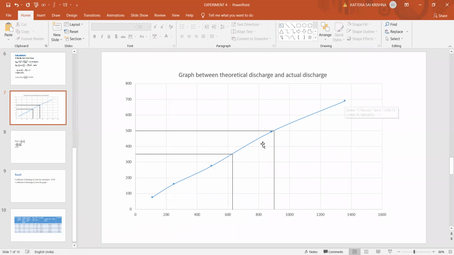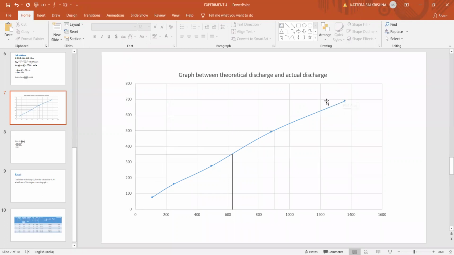After marking all the 5 points on your graph, we need to connect them with a straight line. Check whether 3 points, 4 points, or all the 5 are coming on the straight line. Mostly, if you're not getting a straight line, connect any 2 points with a straight line and neglect the remaining points.